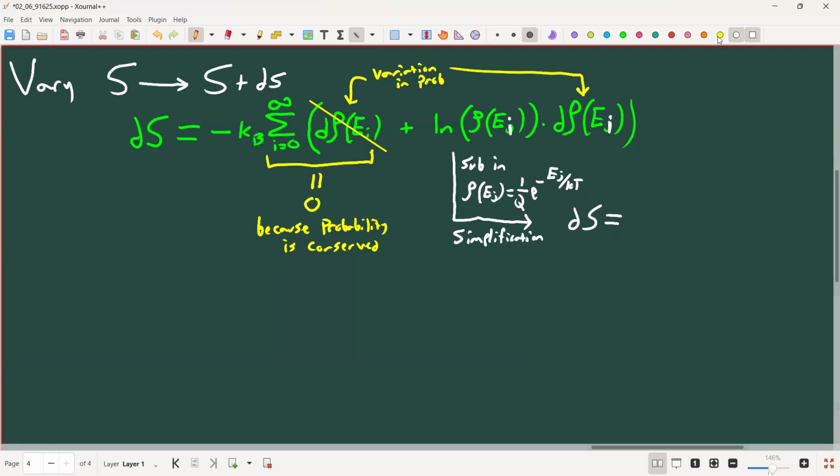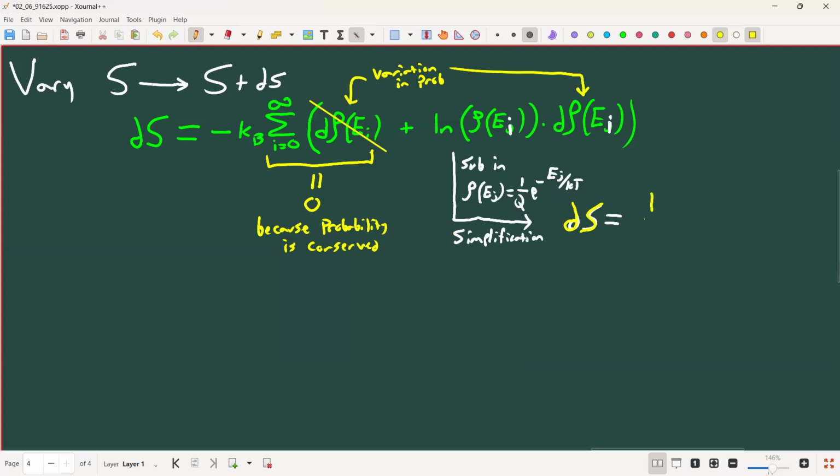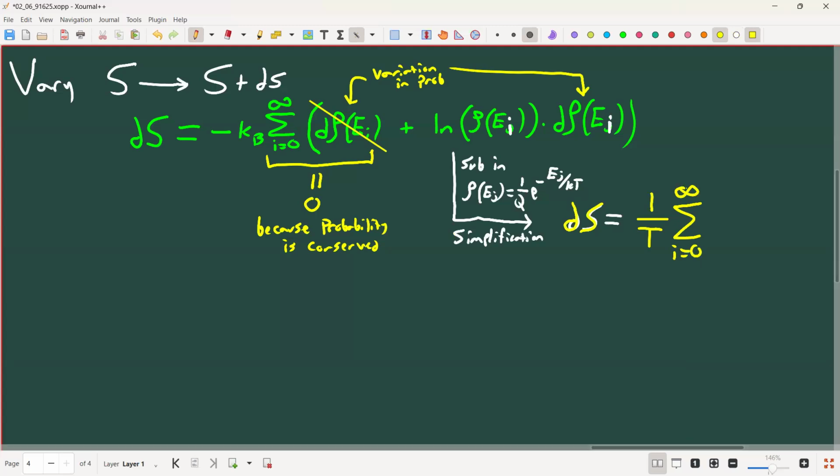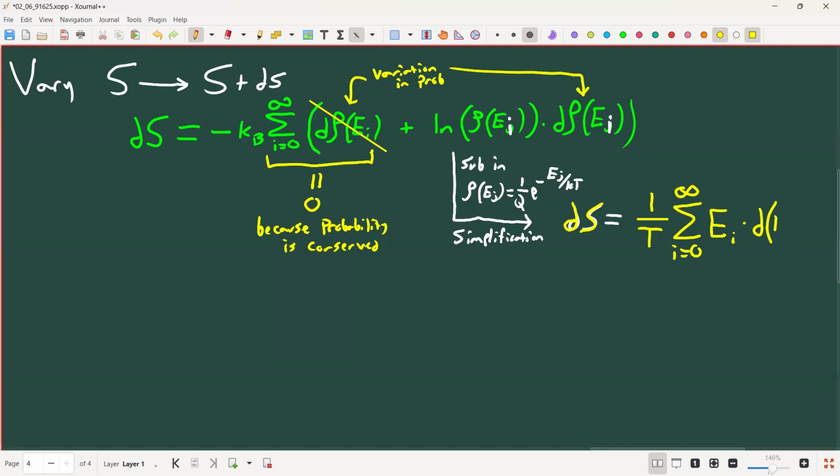But I want to get to the final answer, which is that the change in entropy is equal to 1 over T times the sum over all the possible energies of the energy times the change in the probability of that energy being observed.